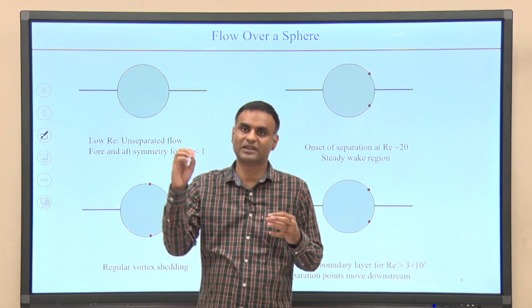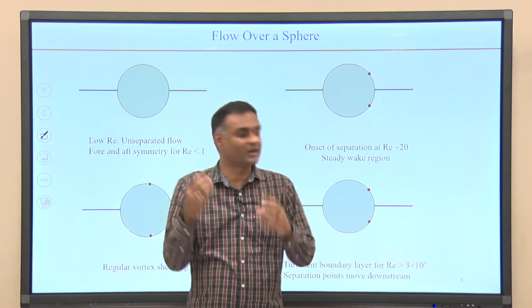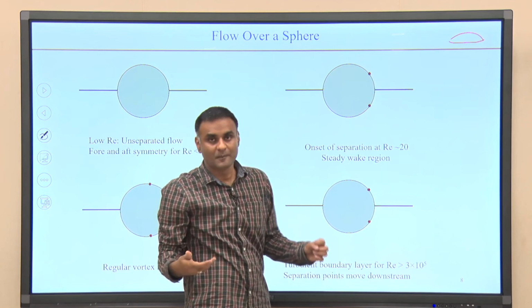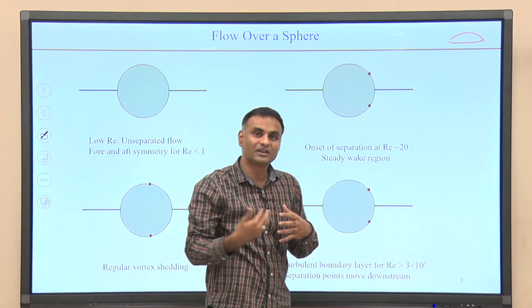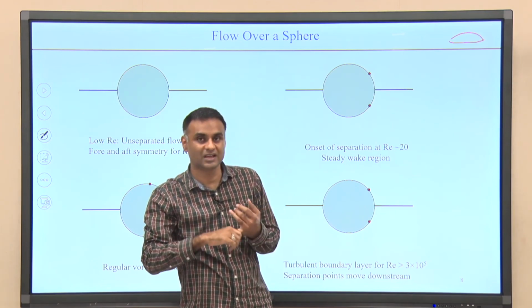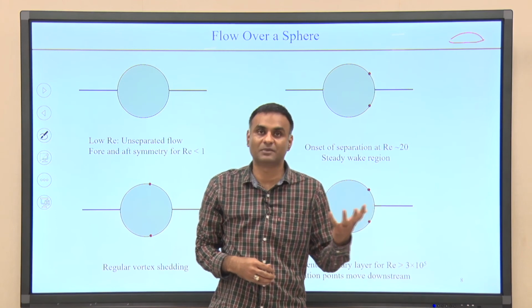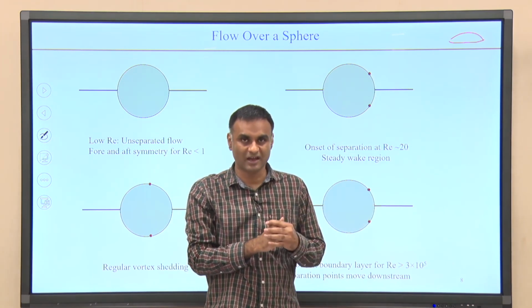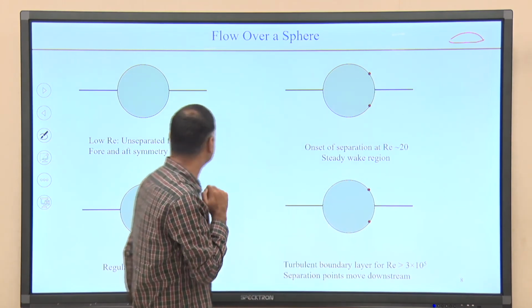If they are very small, they will be spherical, and if their size is larger, they might be spherical cap shaped or ellipsoidal bubbles. When you develop models for such cases, you need the drag information on the bubble. If you want to calculate the terminal velocity of the bubble, you also need the drag. So, we need to understand the flow behavior around the sphere, at least qualitatively.